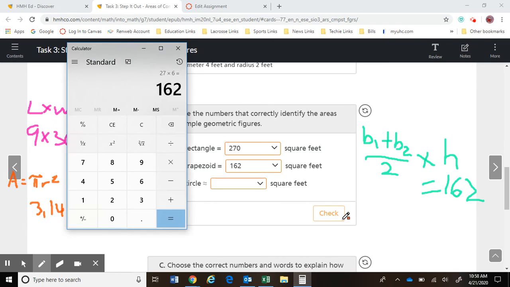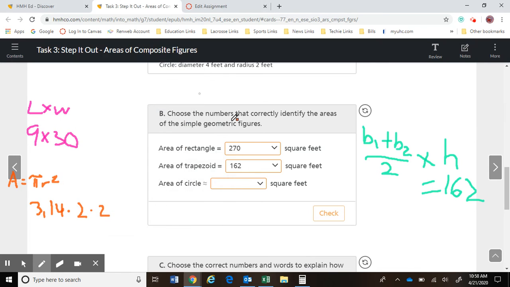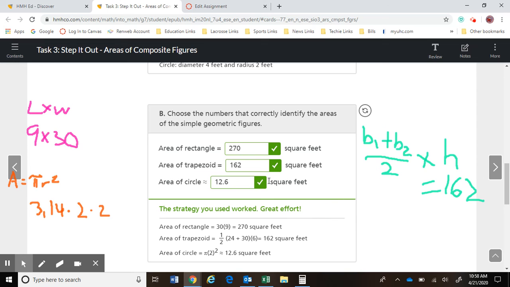That gives me 12.56, and we're going to round that to the nearest tenth, so 12.6. And then you can see what all my work was. There's that area of the trapezoid you may not be familiar with, where I add the two bases, find half, find the average, and multiply times the height.